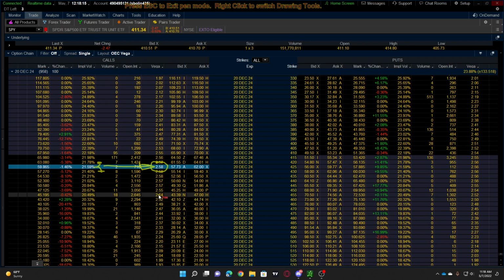Generally speaking, when volatility is low, we think that it has nowhere to go but up. And on the same token, if implied volatility is really high, we think that it has nowhere to go but down.